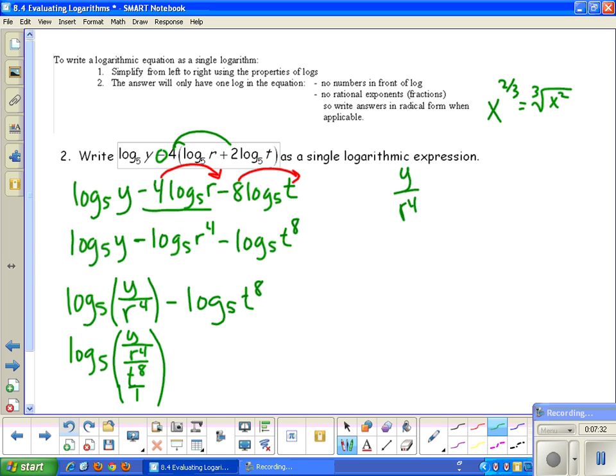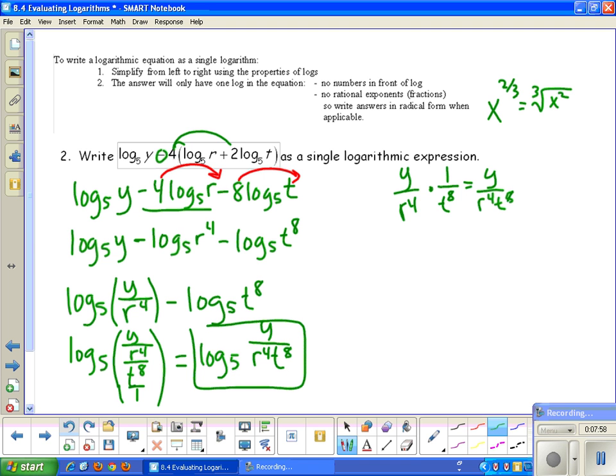And then if I'm dividing it by t to the 8th over 1, I multiply it by the reciprocal, which gives me y over r to the 4th t to the 8th. Sorry, that should be t to the 8th power, not 5th. And that would be my solution.